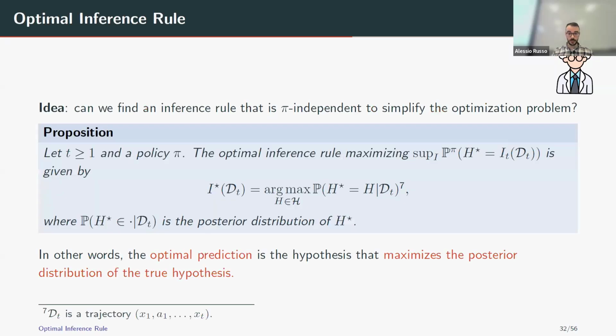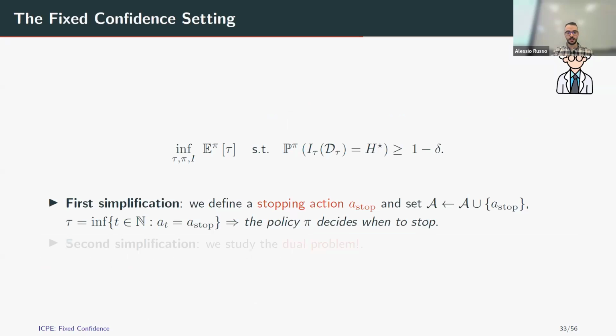So this proposition is about the optimal inference rule, which is the result that we saw the other time, that the optimal inference from data to hypothesis is the argmax over the hypothesis of the posterior distribution given this trajectory of data. And another simplification we can do here is that we can define a stopping action, and we can set the augmented action space to be the union between the old action space and the stopping action.